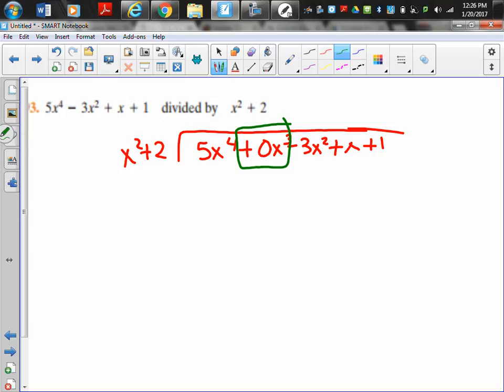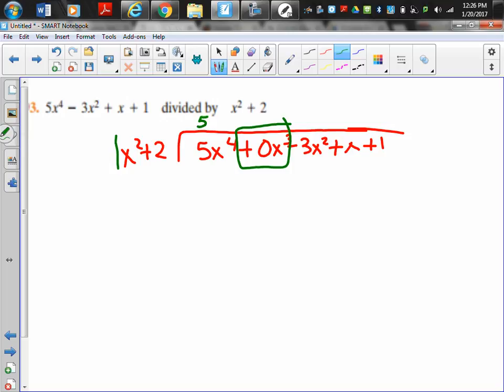Alright, so x times, this is a 1. 1 times what is 5? 5. How many x squareds does it take to get x to the 4? I have x squared, and I need to make it x to the 4.